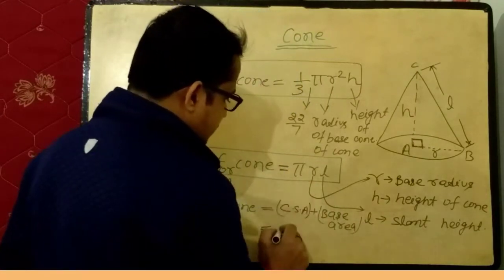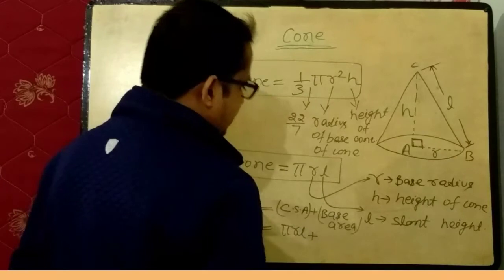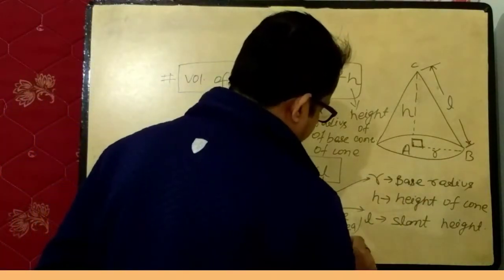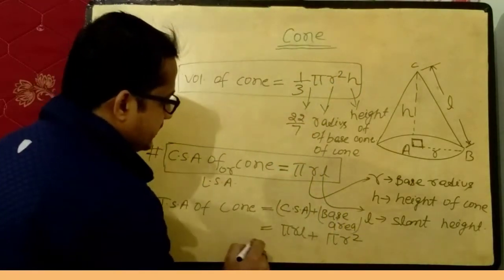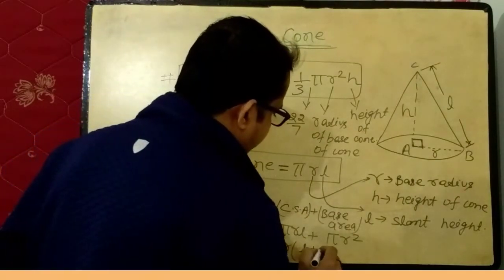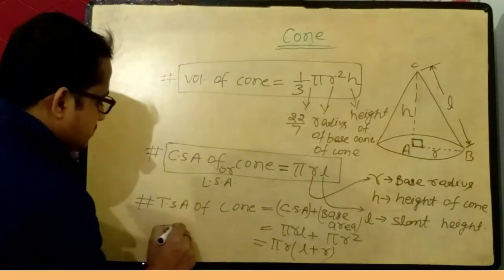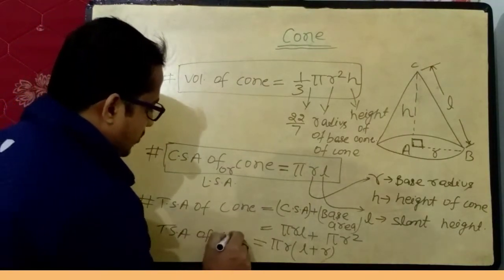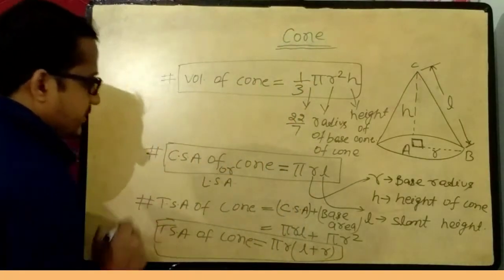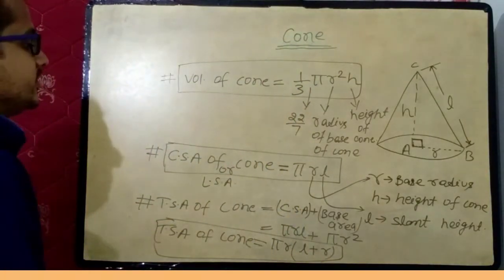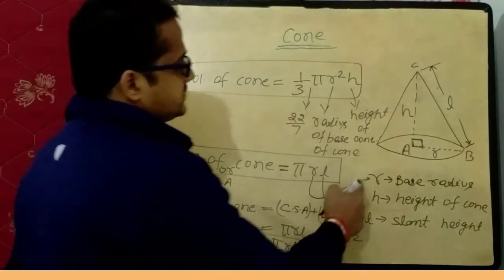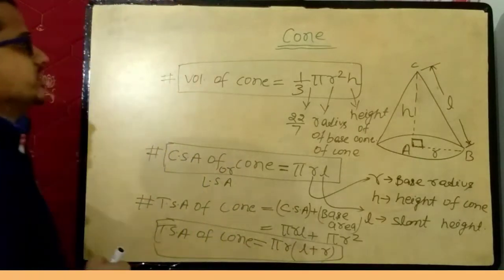Curved surface area equals pi r L plus the base, which is in the form of a circle, so its area is pi r square. Take pi r as common, you will get L plus r. So the total surface area of a cone equals pi r into (L plus r), where L is the slant height of the cone and r is the base radius of this right circular cone.